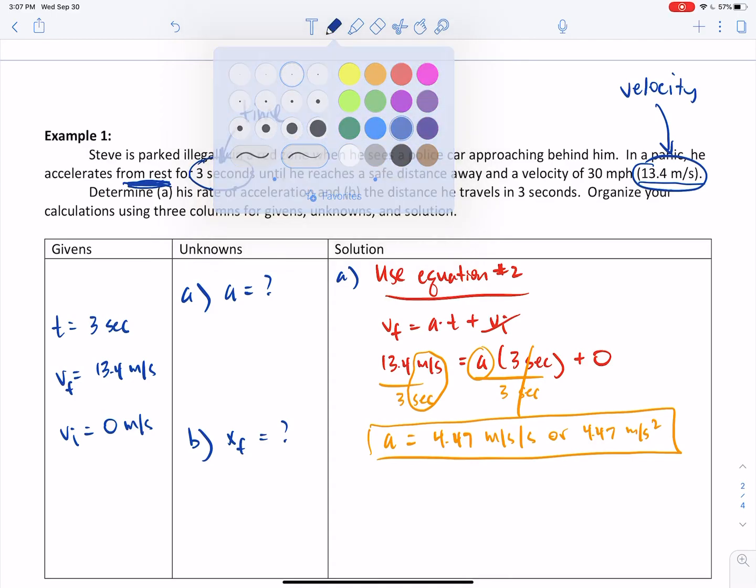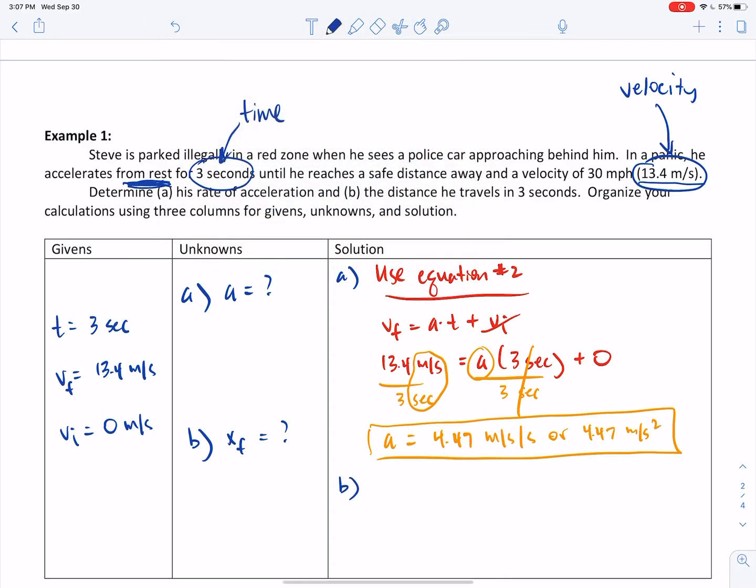Let's try part B, where I'm being asked for the final position. So I'm going to go back to my columns and I'm going to say, gosh, if I'm looking for the final position and I have this information, is there an equation that feels like it groups those variables together really well? And I'm going to say, yeah.